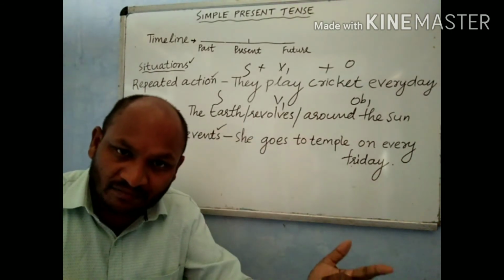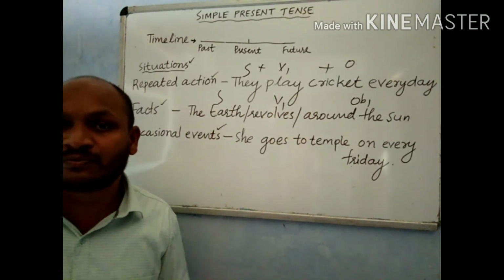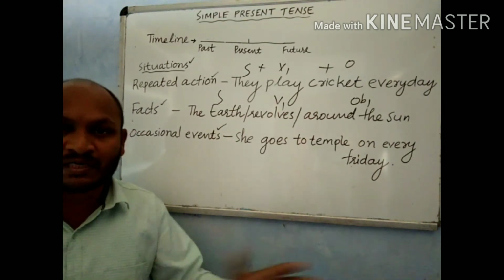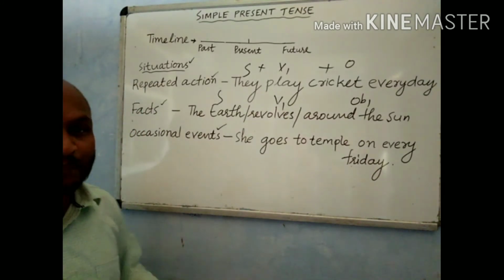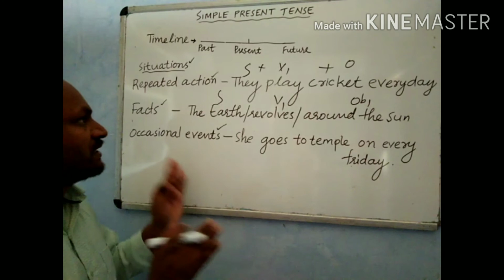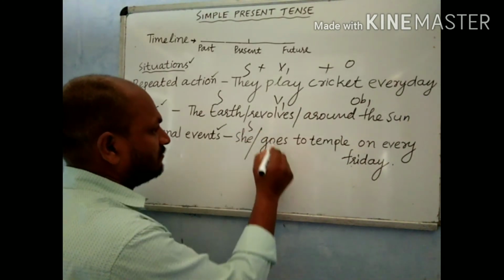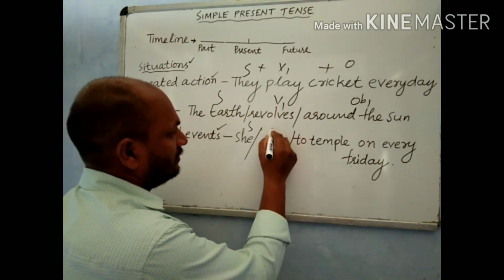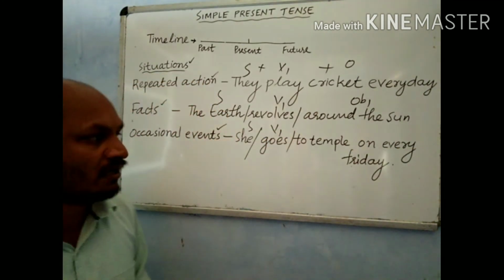Next Friday she will go to temple, and the previous Friday she went to temple. This is an occasional event. So to speak about occasional events also, we shall use simple present tense. This is the subject, goes is the verb first form, to temple on every Friday is the object.